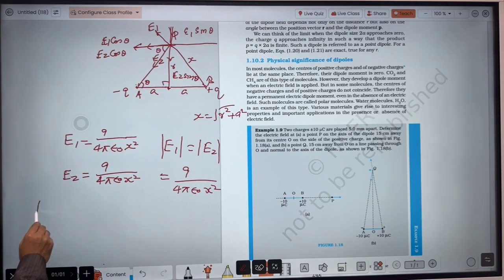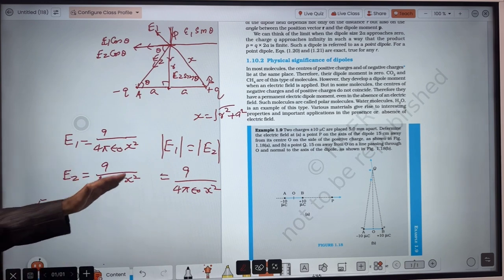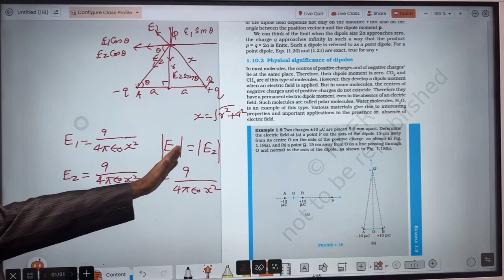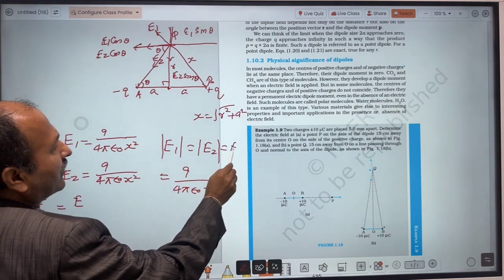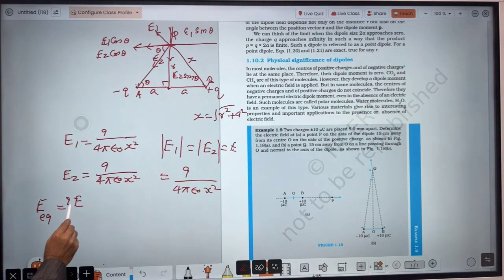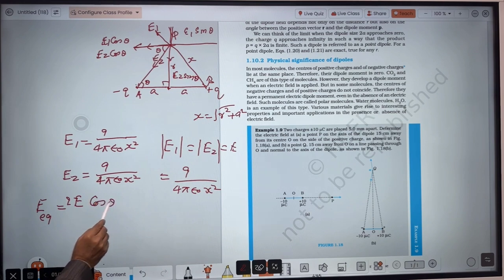So we can say E equatorial is equal to, here we can write the modulus of E1 equal to the modulus of E2, that is equal to E. So we can say twice E cos theta.